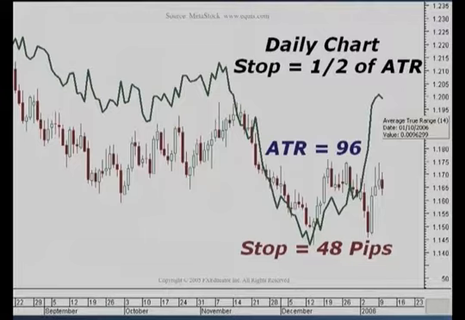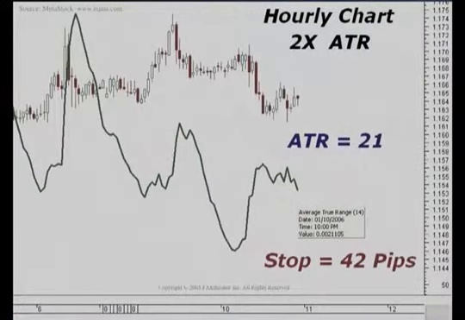But what if I'm not trading on the daily chart? Perhaps I'm trading on the hourly chart. Then what? For the hourly chart, I will often use double the ATR or 1.5 times the ATR to place my stop. In this example, the hourly average true range for the same currency pair is 21 pips per candle. If I'm using double the average true range, that means my stop would be 42 pips away, or 2 times 21.